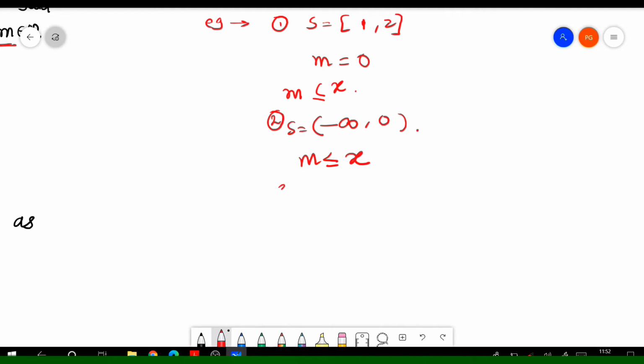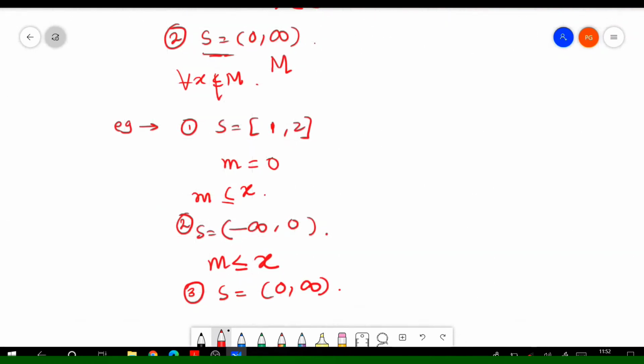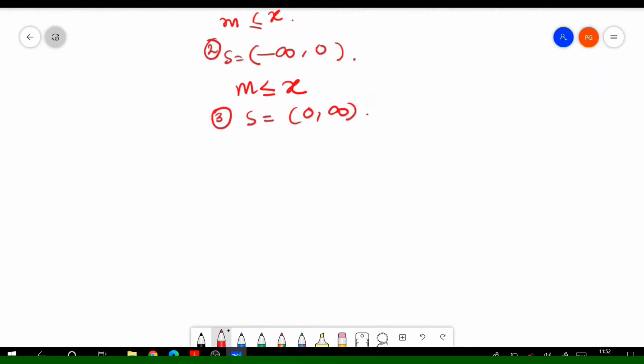On the other hand, if you have the above example 0 to infinity, we saw that this example is not bounded above. Let's see if it is bounded below or not. So for example, M is equal to minus 1. Let us see.